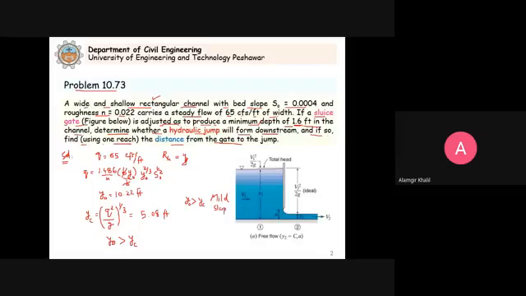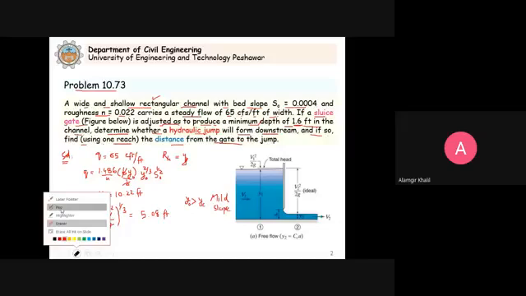Now alternatively you can also prove this. How to prove it alternatively? You can calculate Sc, the critical slope. We already studied this.